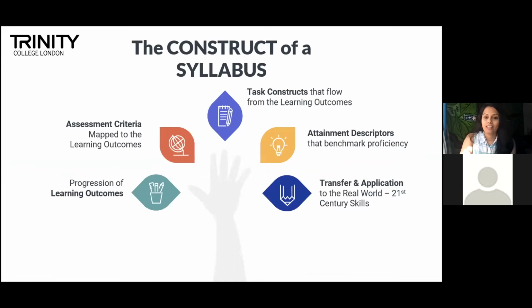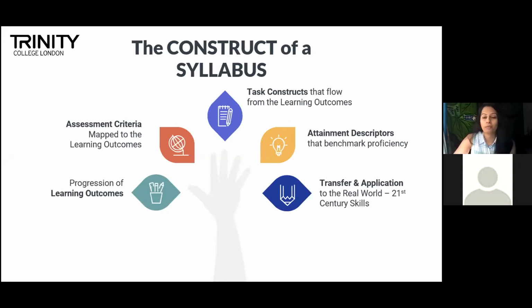Now, well, this looks like a progression from learning outcomes to the transfer and application of the skills, but I would like to look at it like a circle, because learning outcomes are the skills that the tasks equip you with while you are learning.